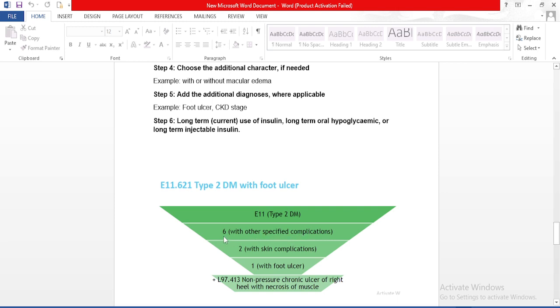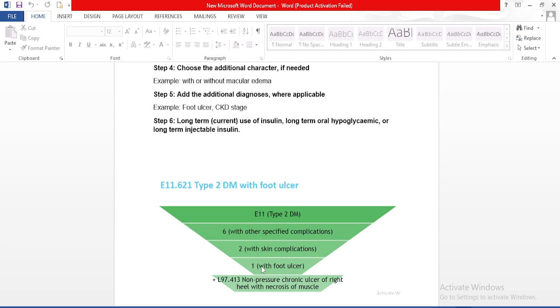So here the fourth character is 6. And for the fifth character, we need to check whether the patient has any complications along with the ulcer. Here the patient has skin complications, so it will come under 2. And next one is with foot ulcer. As the patient has foot ulcer, we need to choose code 1 here, E11.621.